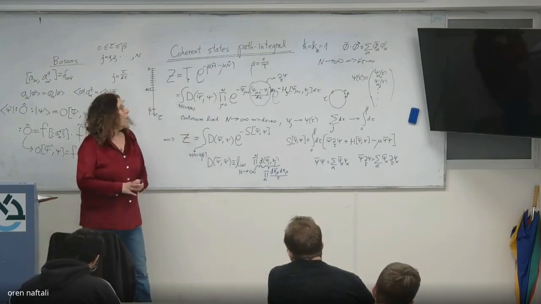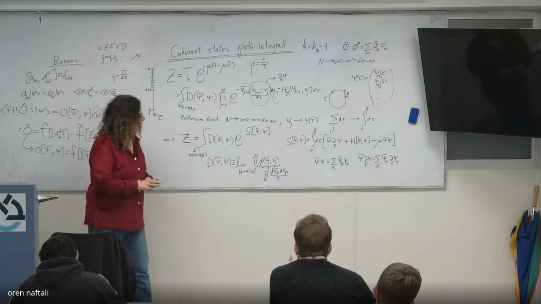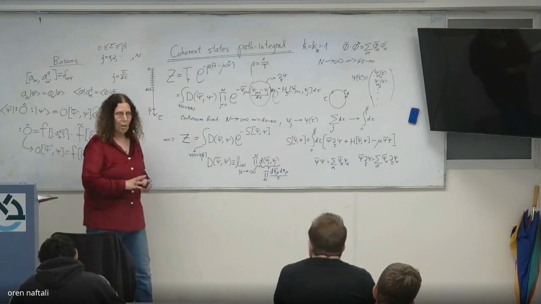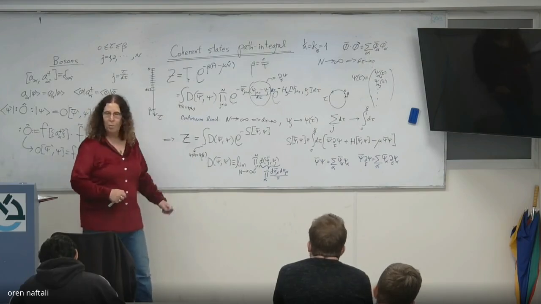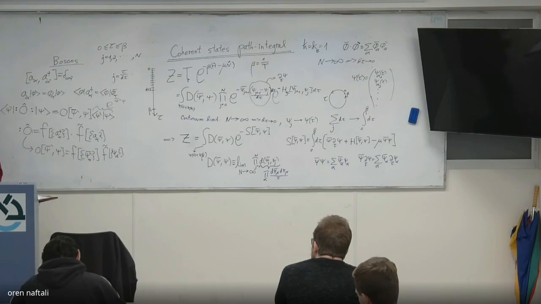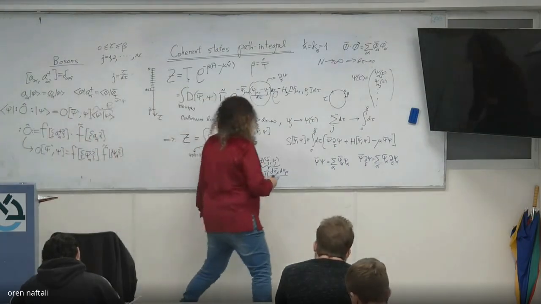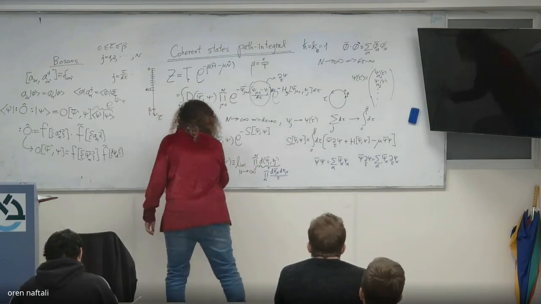Okay? So let's see, I think we ran out of time. This is a bit heavy, but okay, we'll get back to it. But in the end, let me just summarize what we got. Basically, this is our main result.